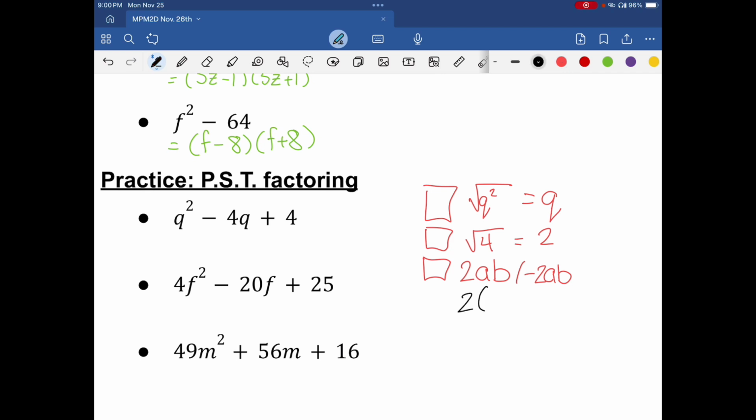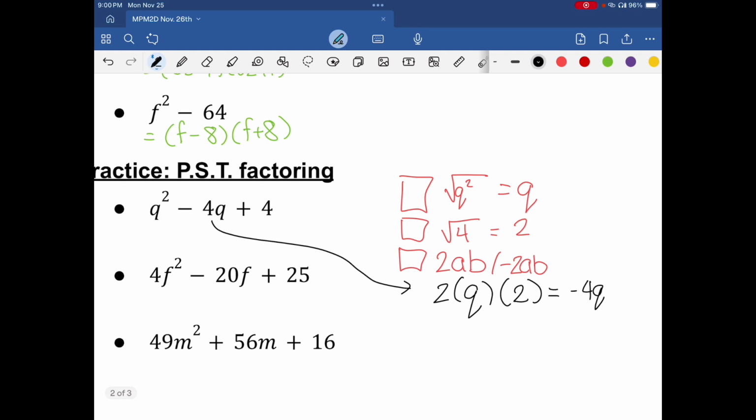So 2 times q times 2, my square root of 4 was 2. So I want to hope that I get negative 4q, and let's just check if I do. q times 2 is 2q, times 2 again, 4q, and if I just put a sign in front of it, yeah, this is a perfect square trinomial.